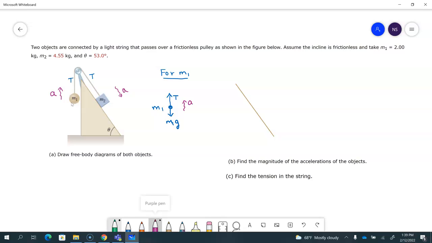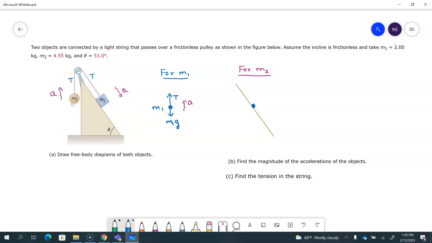And similarly, I can write for M2, the free body diagram. I've got my M2 here, and it's got its weight.